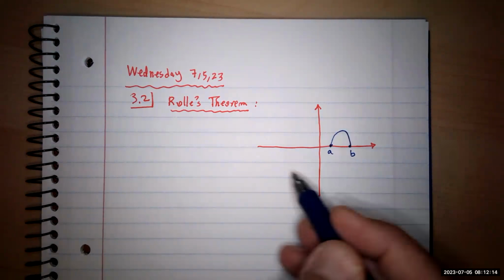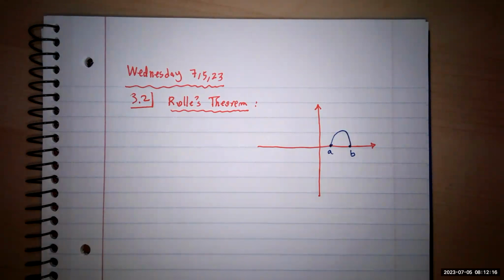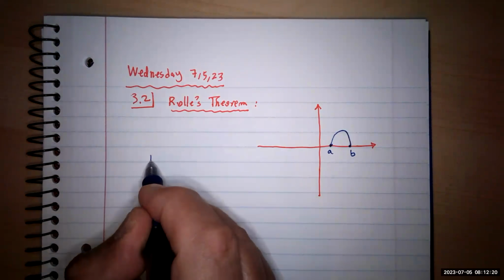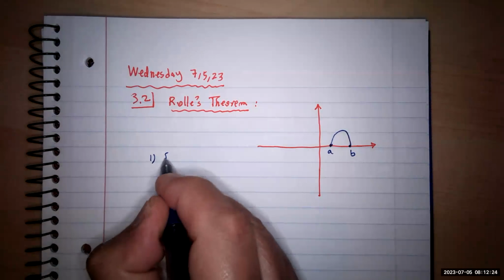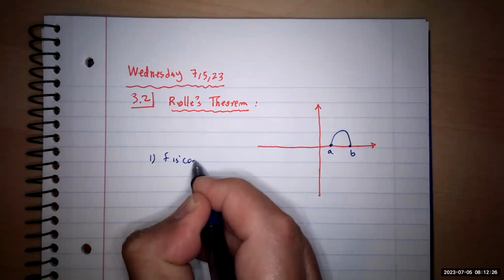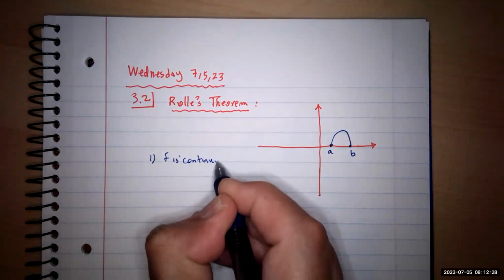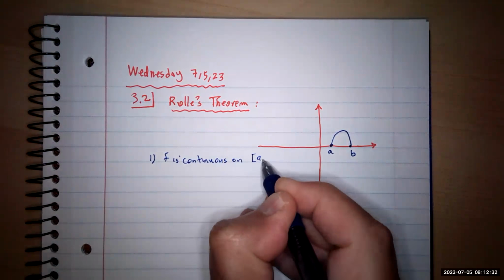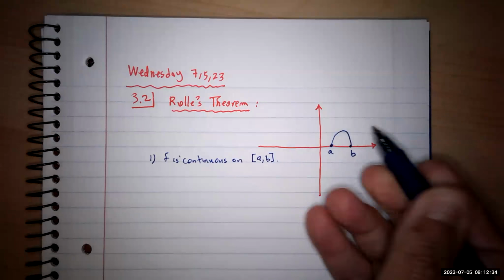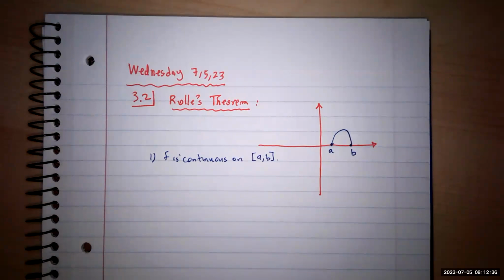So the conditions of this theorem are that f is continuous. We call it the first condition, on the closed interval of A and B. You can see it, there is no gap.